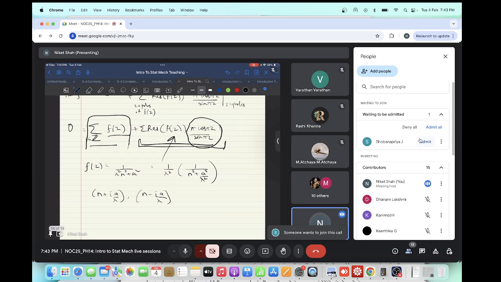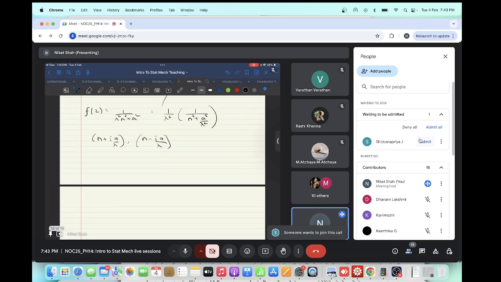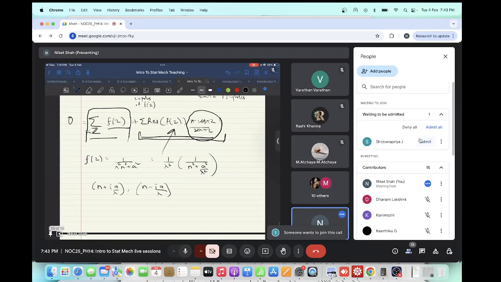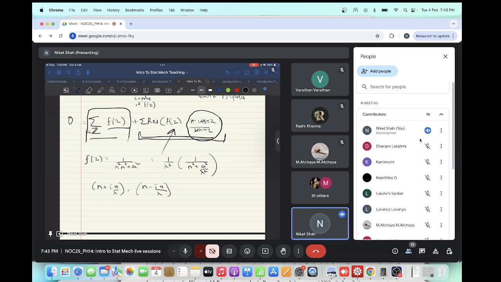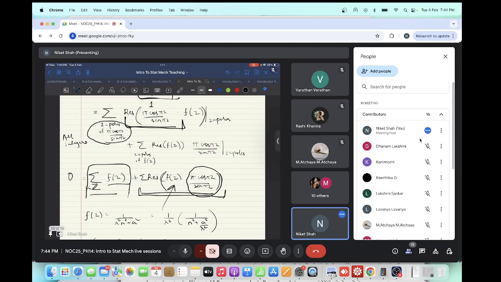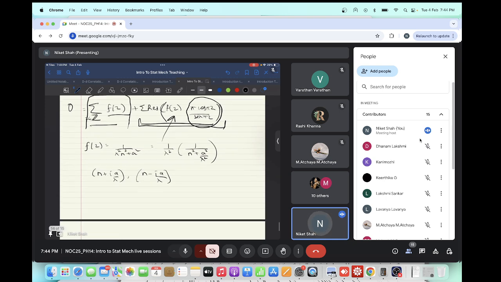Okay, so the residue is going to be of the entire thing, not just one particular function. What is the residue of this entire function for these two poles?